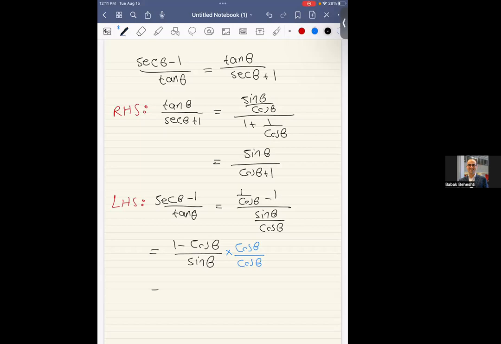If you multiply by cosine, you get cosine theta minus cosine square theta divided by sine theta times cos theta.